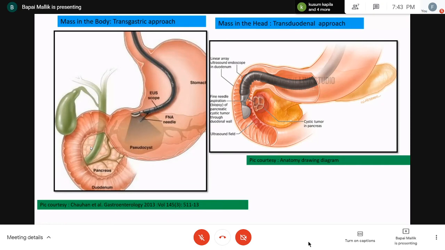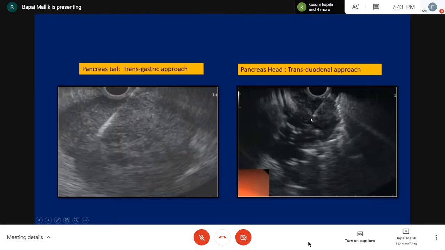So there's a couple of diagrams here to show you how lesions in the body and tail of the pancreas are approached through the transgastric route, whereas those which are located in the head of the pancreas and uncinate process are approached through the transduodenal route.